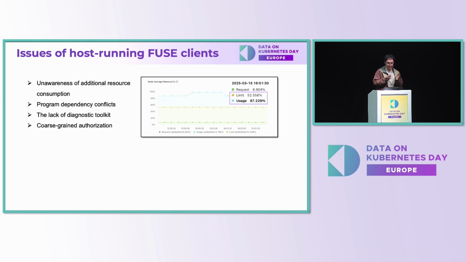They consume extra CPUs and memory resources on the node, but Kubernetes is unaware of it. For example, you may find a node with very high load, but the pod limits on that node only occupy about 15% of the resource on that node.